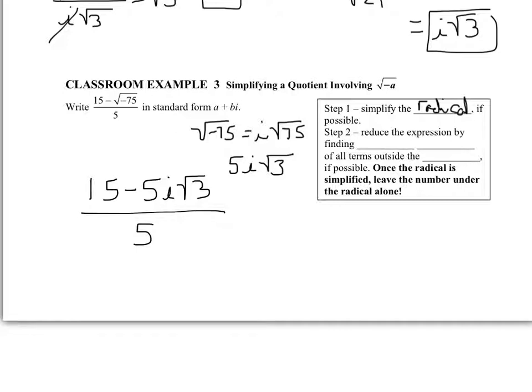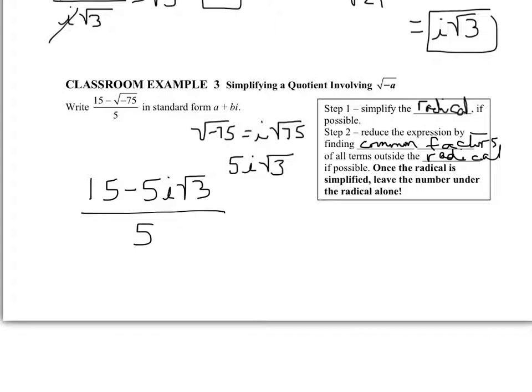Now, in order to reduce this expression down, we want to look for any common factors that might exist on all terms that are outside the radical. Sometimes they may not have a common factor, but if there is a common factor, you will want to reduce down.